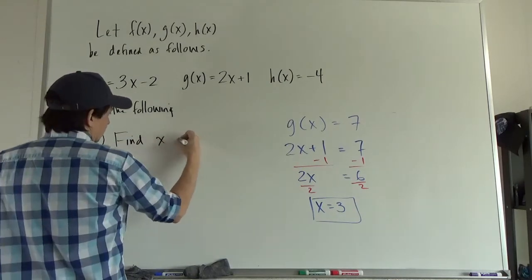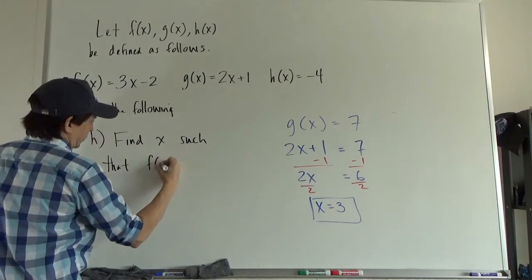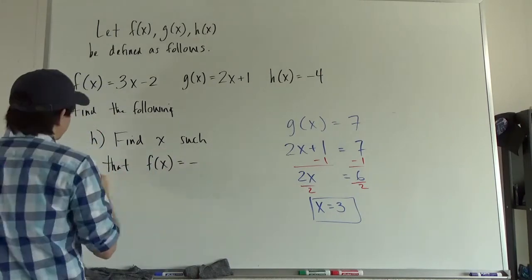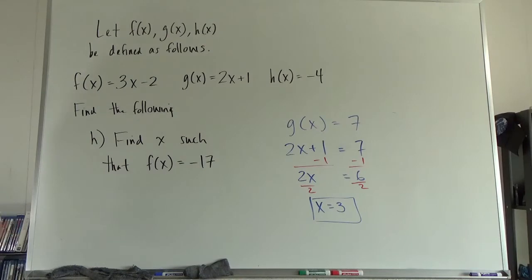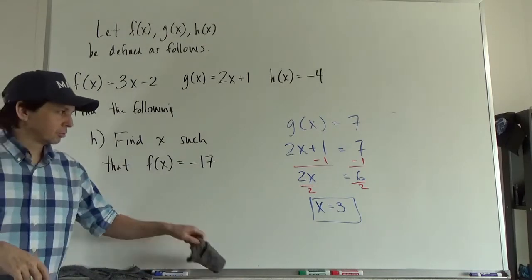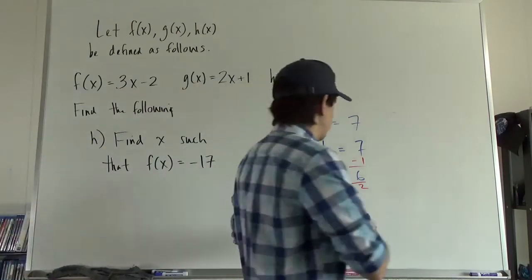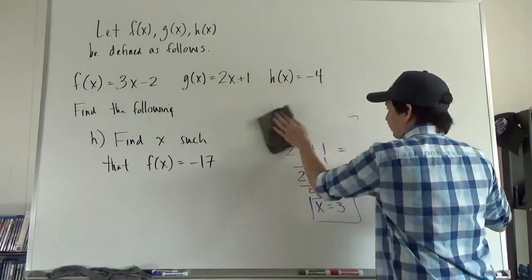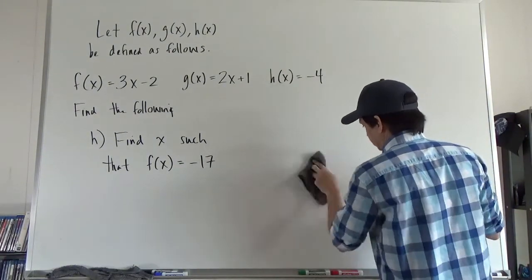Find x such that f of x is equal to negative 17. A similar process, different function. This is f this time. Same idea. They're giving you the output, not the input. So you're going to set up similar to this, but with f and negative 17. Pause here and make sure you can do this on your own.